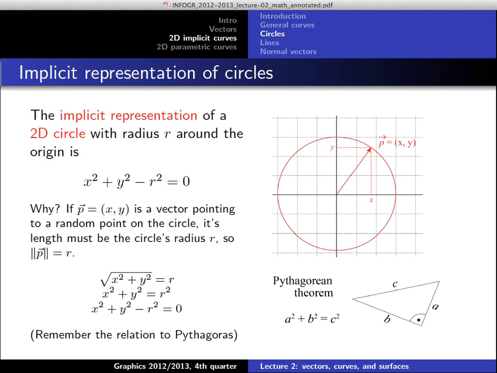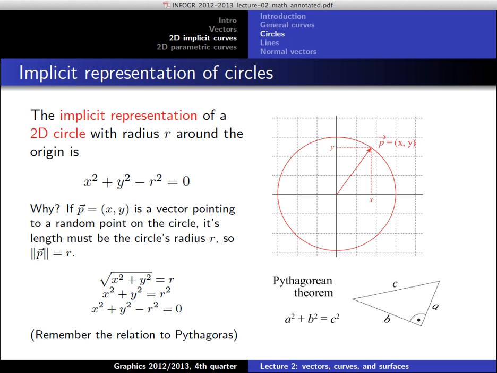We can see that quite easily if we remember what we did in the first part with the vectors, when we talked about the length of the vector. If we represent any point on the circle surface with a vector, for a circle around the origin, which is the first thing we're looking into, then we can represent each point on the circle surface by a vector pointing from the origin to this point on the surface.